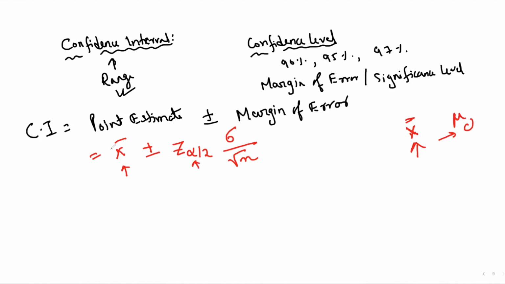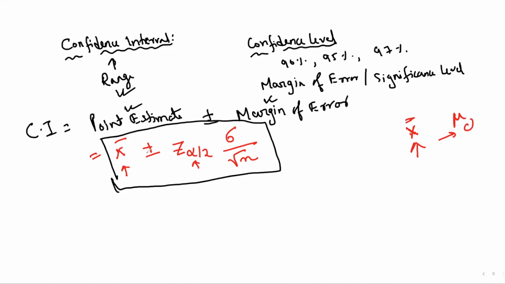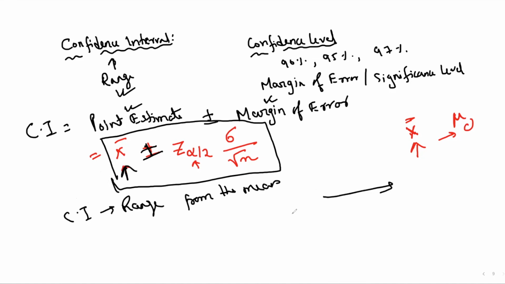So just remember this, guys. Again, you don't have to memorize it. Just remember this formula: point estimate plus minus margin of error. Why plus minus? Because confidence interval is nothing but a range from the sample mean, either this way or this way, and this is the mean.